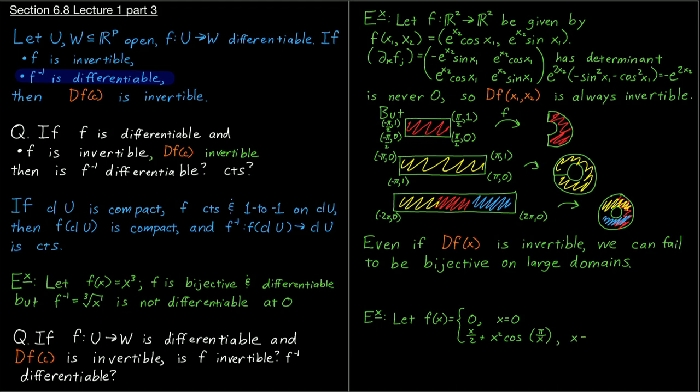And then by example 2.4.4, f prime of 0 is 1/2. That is invertible. The derivative is the linear transformation multiplication by 1/2, which is invertible.